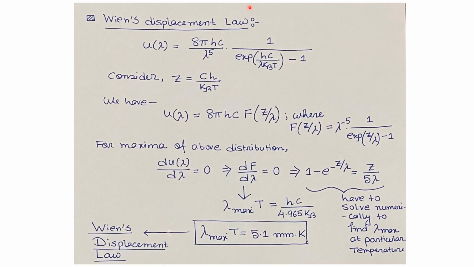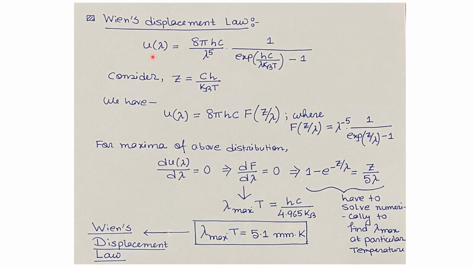So in the previous slide, we have seen how the energy spectral density of the blackbody radiation varies with the wavelength lambda, and the peak of the u versus lambda curve blue shifted as the temperature is increasing. Now we will discuss an important concept, that is Wien's displacement law.